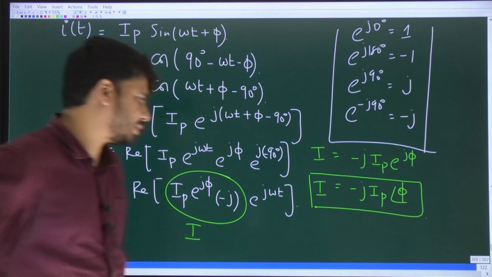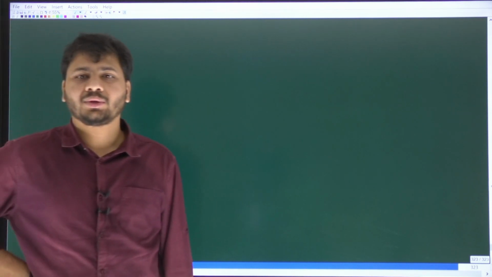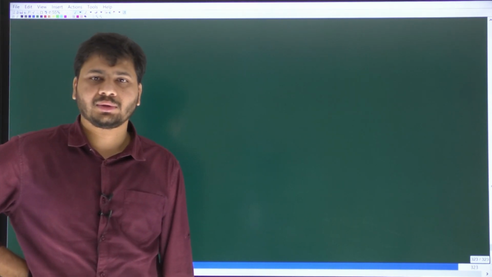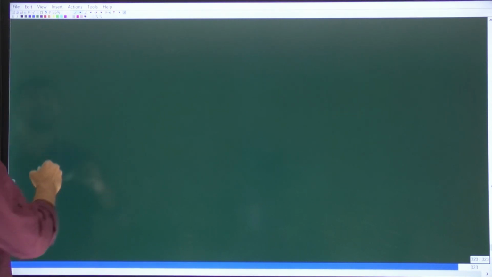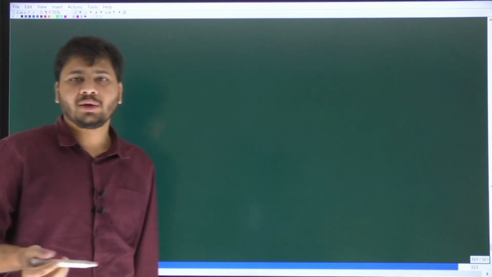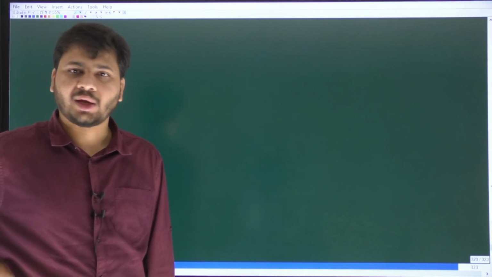You understood? Yes. Now these are two very important results which we will be using throughout the sinusoidal steady state analysis. Let me write the two results in one place so that you can compare the difference between the cosine function and sine function.